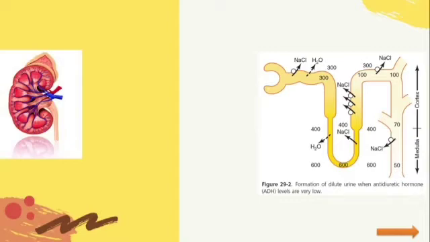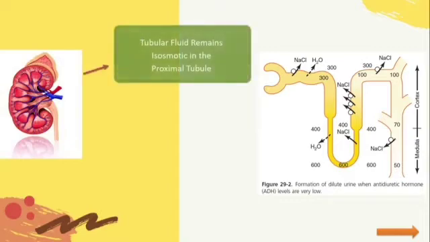First, the proximal tubule fluid remains isoosmotic because the solutes and water are reabsorbed in equal proportions in this section, so little change in osmolarity occurs. The proximal tubule fluid remains isosmotic to the plasma with an osmolarity of about 300 milliosmoles per liter.